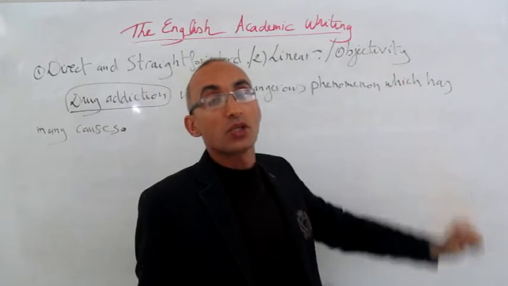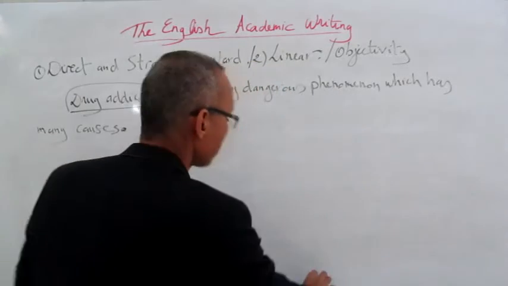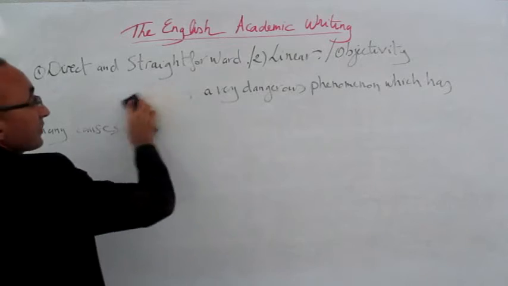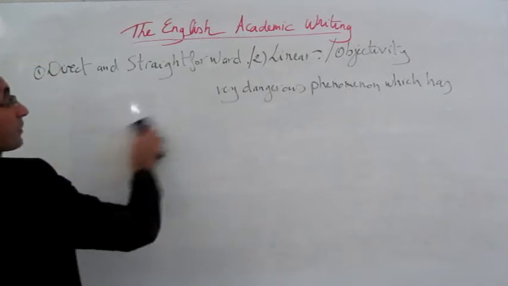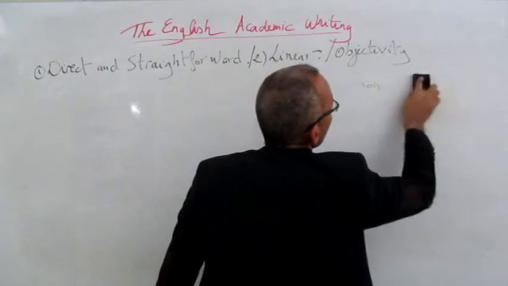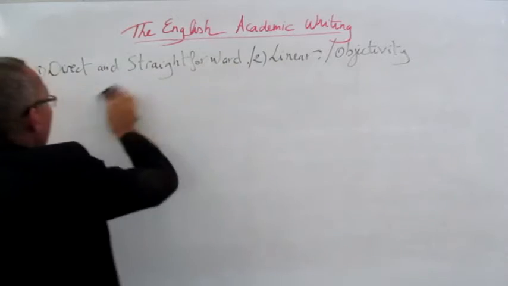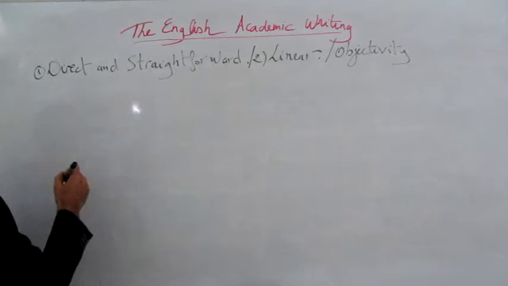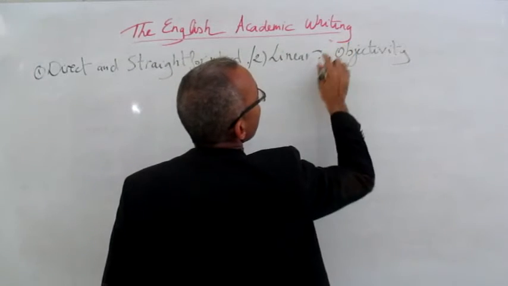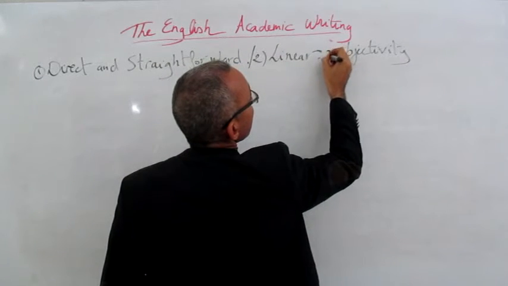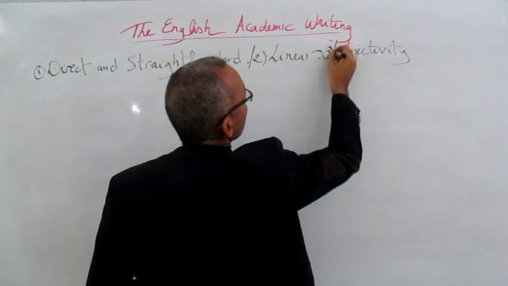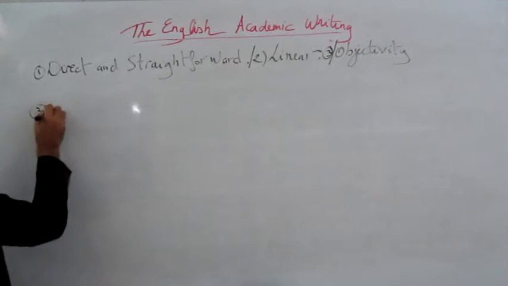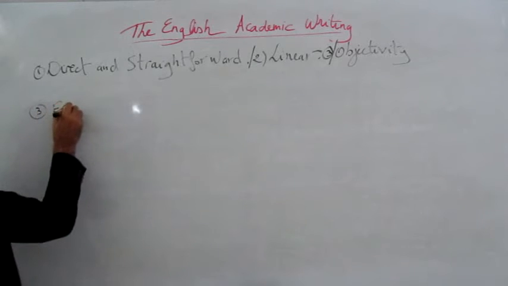Good. Also, we have another important feature for the English writing style and the academic writing in English, which is economy. So number 2, this one is number 3, economy.